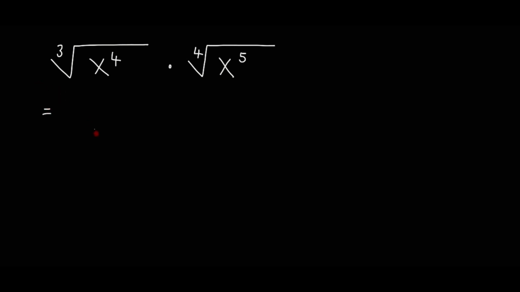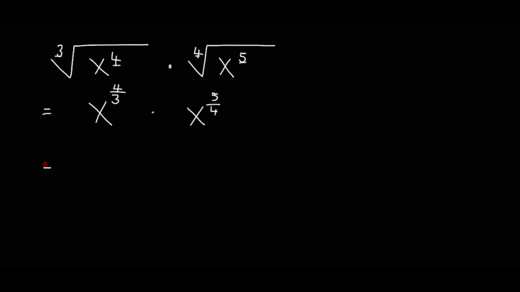And then what about this one? The first step, we first change this root into a fractional exponent. So we write x to the power 4 over 3 times x to the power 5 over 4.